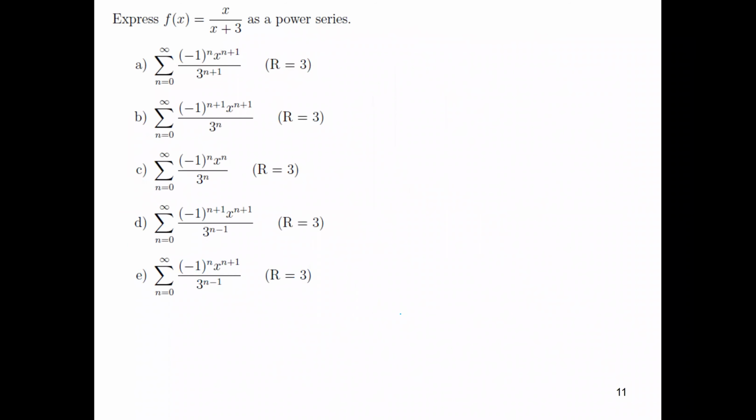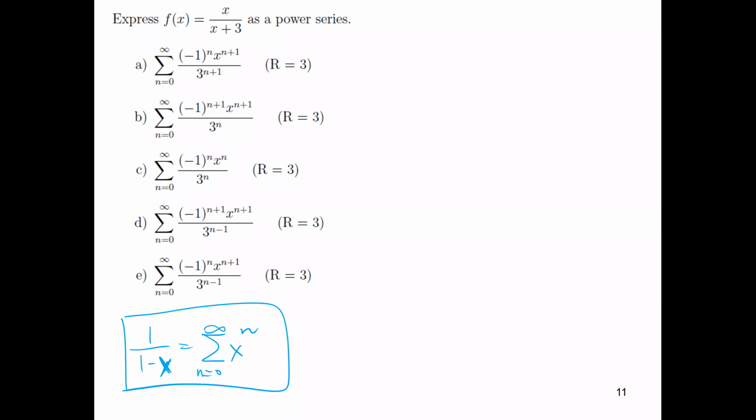Let's see my next one. Oh, power series representation. Yeah, a nice and simple question and a nice and simple formula. F of x is defined as x over x plus 3, as a power series. Of course, what I will do is try to get that form, 1 over 1 minus x, which is just the sum of x to the power of n from 0 to infinity.